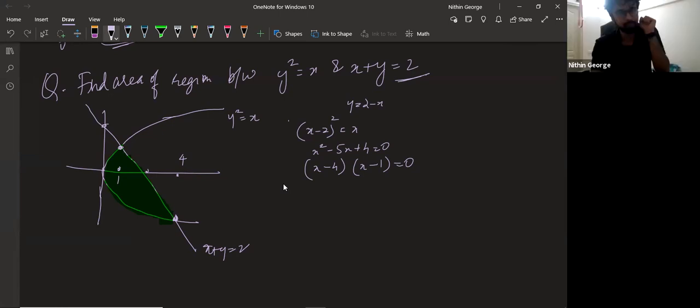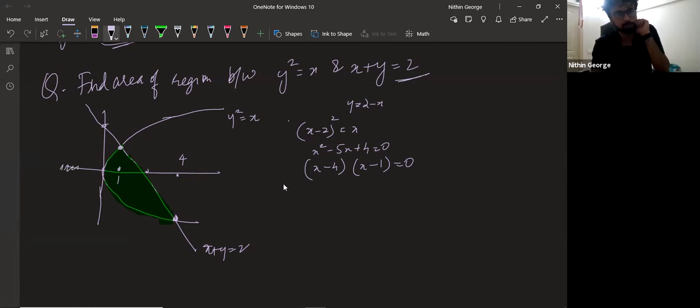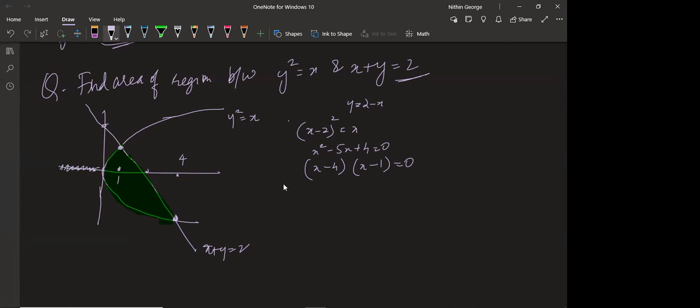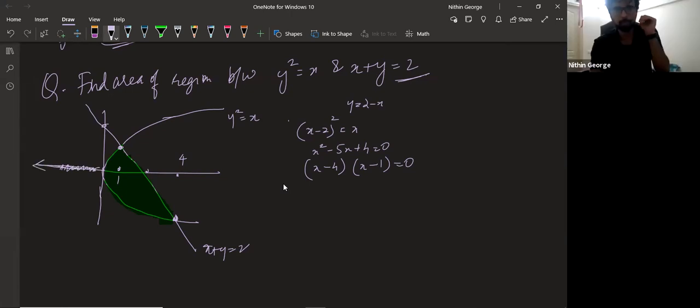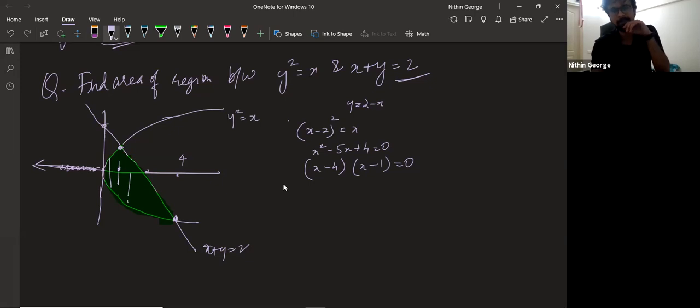Negative part of y. Okay, because it's going below. That is fine. Like, you're using this method, no? What is the issue here?